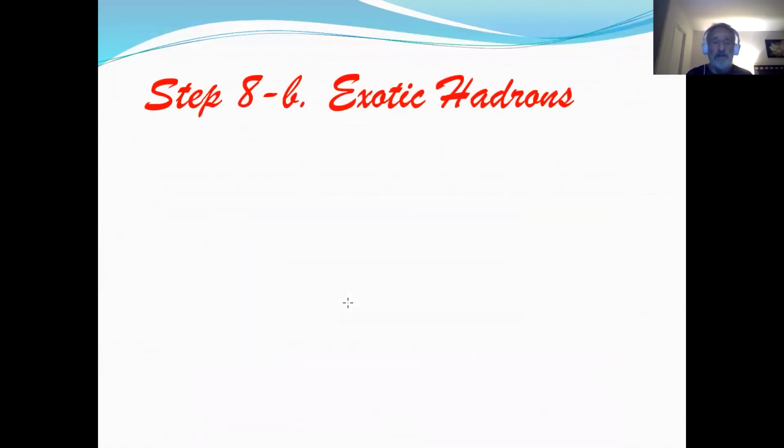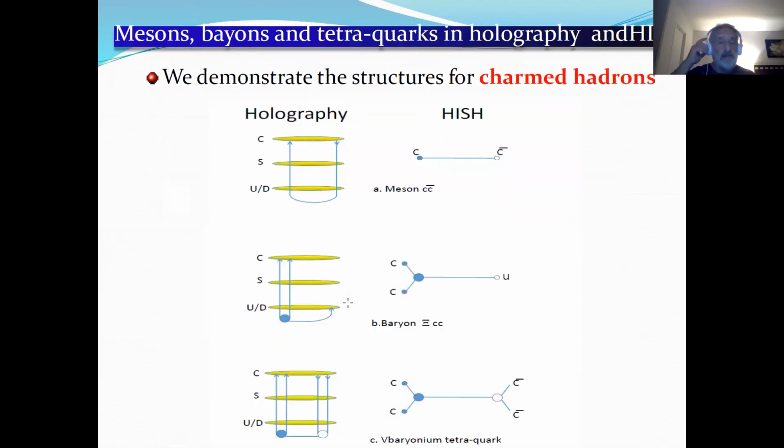Now, it's very popular to talk about tetraquarks and exotic hadrons. So I want to show you how they look in holography in HISH. Let me focus on the charm hadrons. If we look at a meson, for instance CC bar, J/psi, it's just a string between this C and C bar. On the holographic side, there is a vertical and a horizontal one.